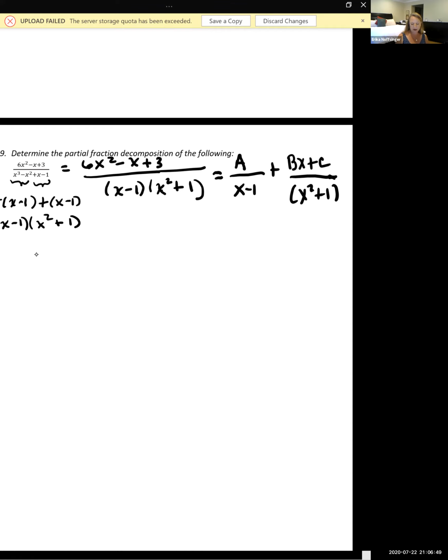We would be left with our numerator on the left-hand side, which is 6x squared minus x plus 3, equal to A in the numerator times the piece that was missing. Our x minus 1's cancel, you're left with the x squared plus 1. Plus we have our numerator here, Bx plus C, and when we multiply through by the LCD, the x squared plus 1 cancels, and you're left with a factor x minus 1.